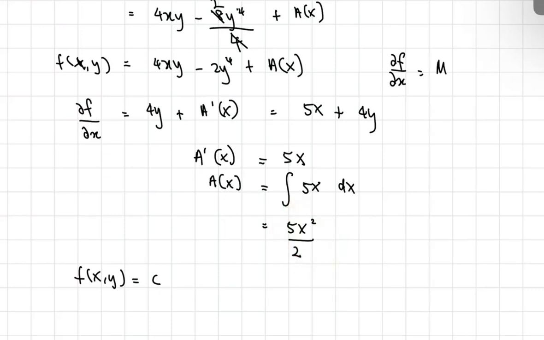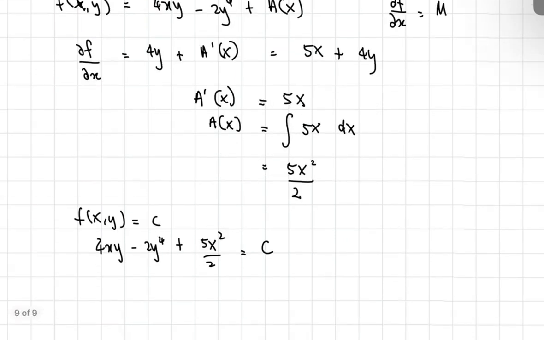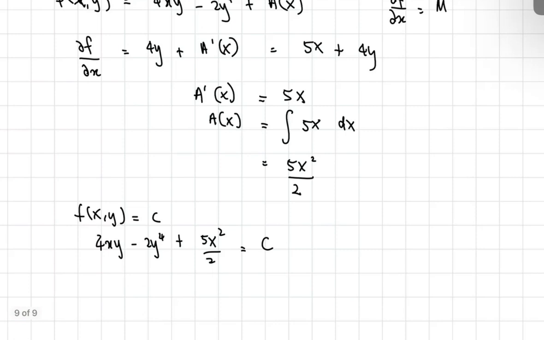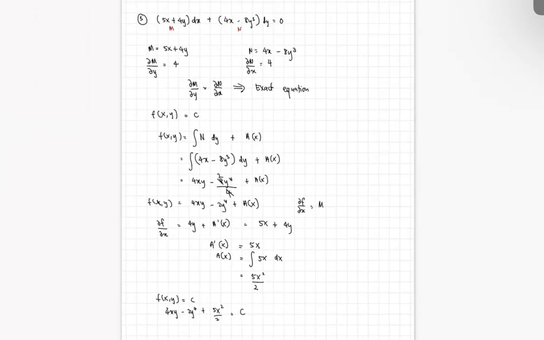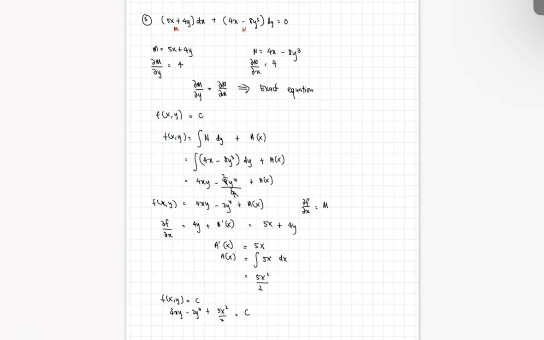Combine all together: 4xy minus 2y to the power of 4 plus 5x squared over 2 is equal to some constant c. All right, so please take a screenshot. If you didn't finish, copy this one.